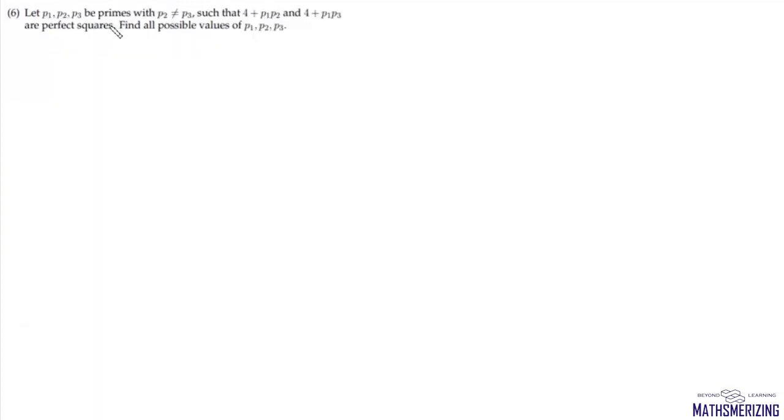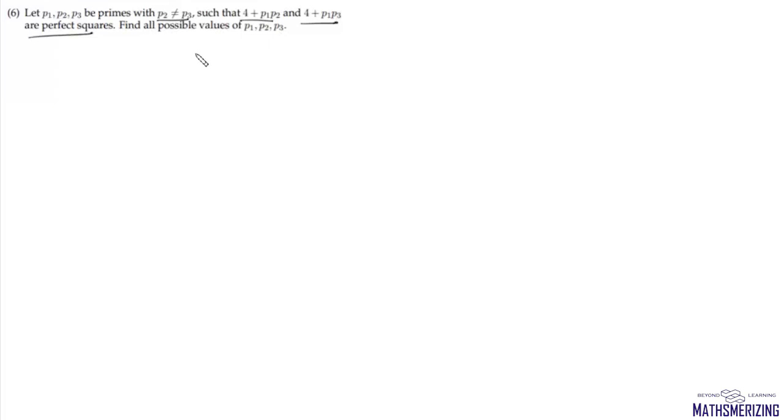Now question number 6 is, let P1, P2 and P3 be primes with P2 unequal to P3 such that 4 plus P1 P2 and 4 plus P1 P3 are perfect squares. Find all possible values of P1, P2 and P3.